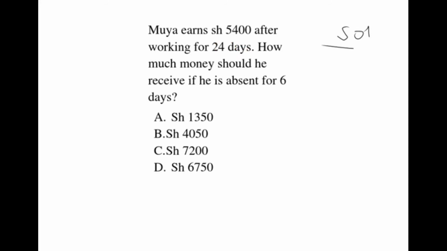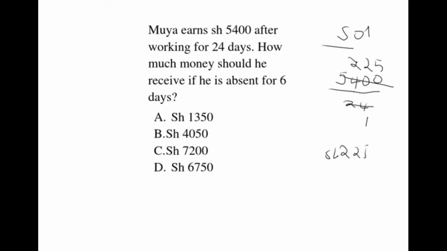First, let us get how much he earns per day. That is 5,400 divided by 24. By 24, 1. By 24, 225. Therefore, per day, he earns 225 shillings.